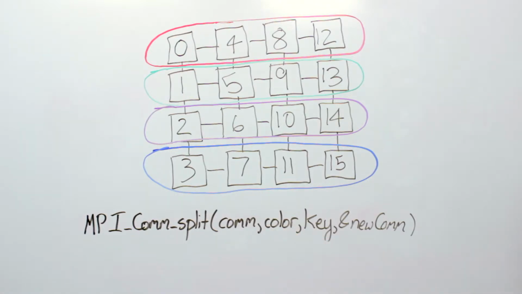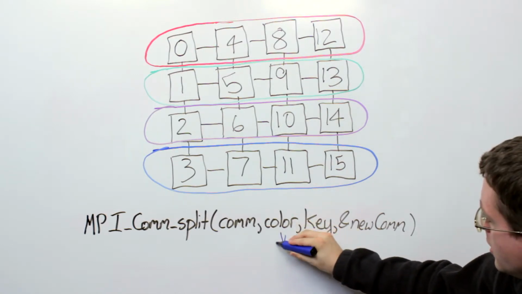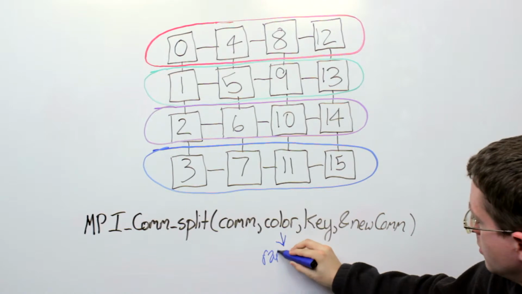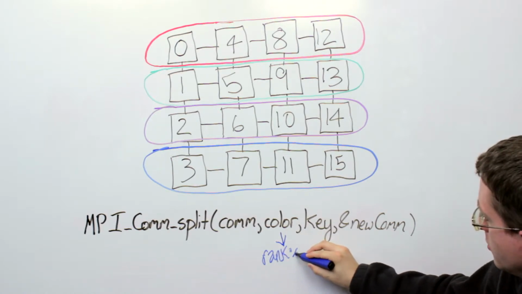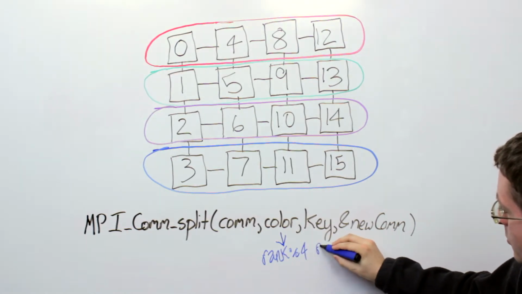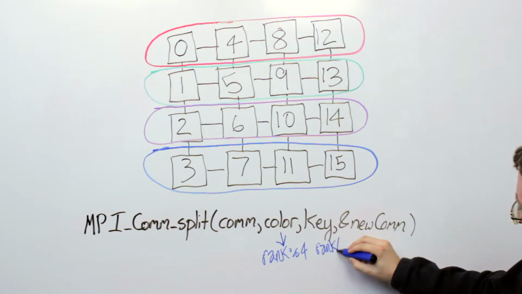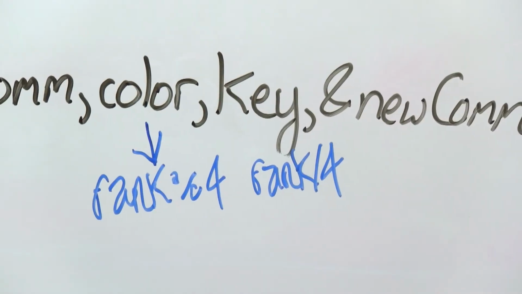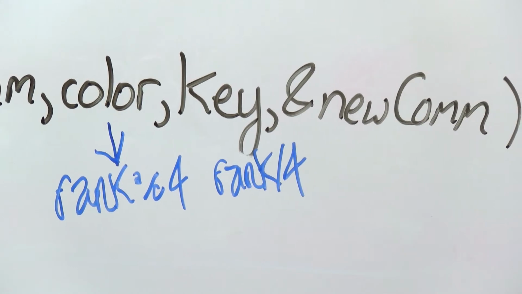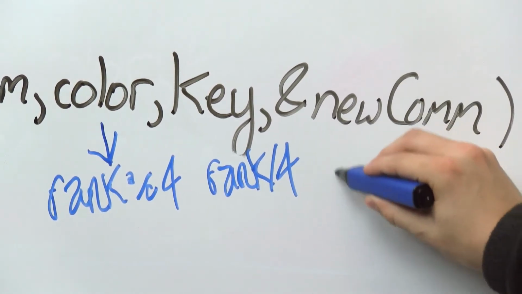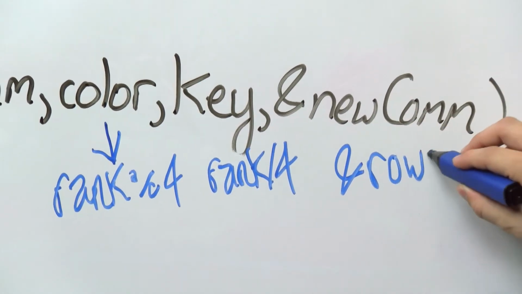So in particular, to do that, we could simply choose the color equal to rank mod 4, and then the key equal to rank divided by 4 in integer arithmetic. Okay, and so then what that would produce is a row communicator.